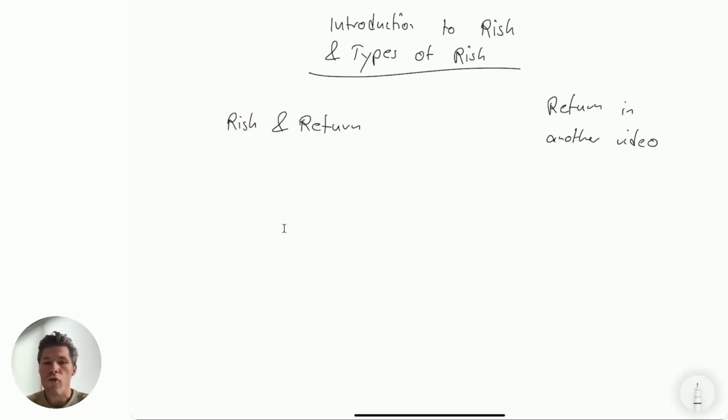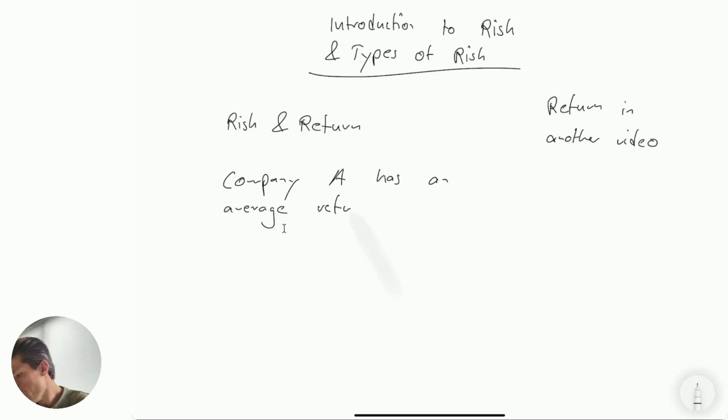When we talk about risk, let's assume company A. Company A has an average return of 20%.